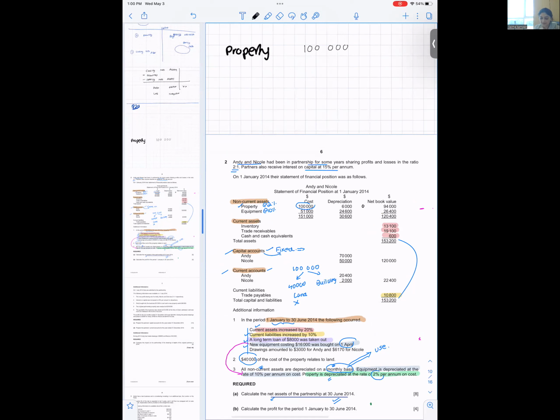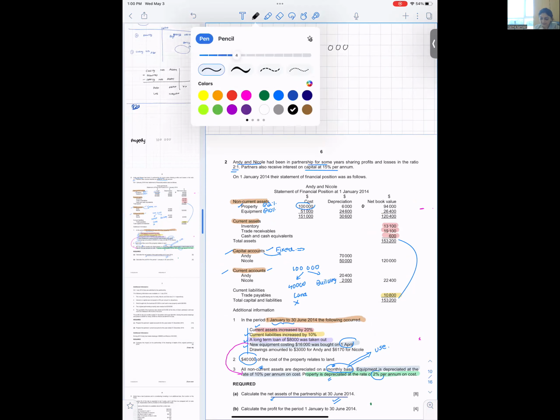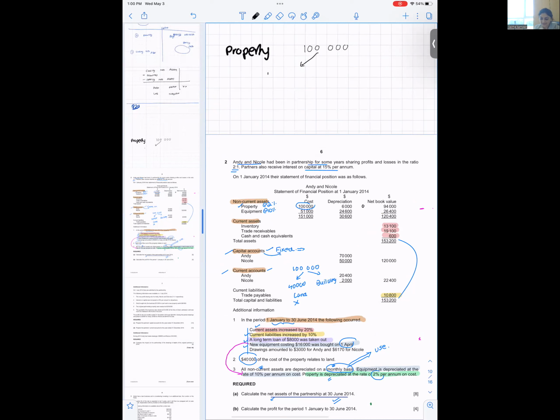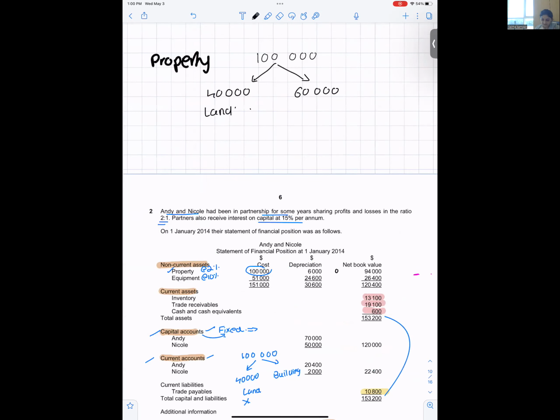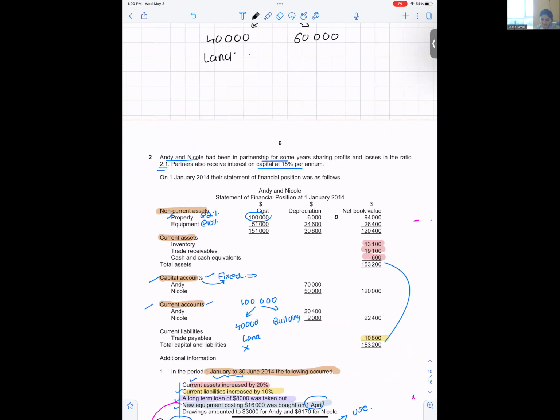Out of this 100,000, what are they telling? 40,000 is related to land. 60,000 is related to building.